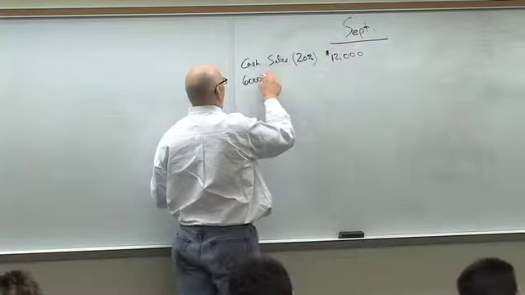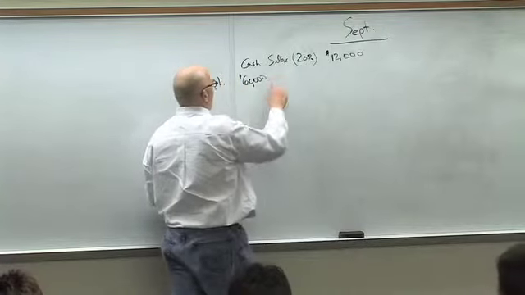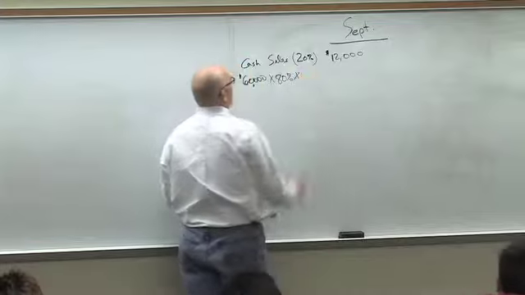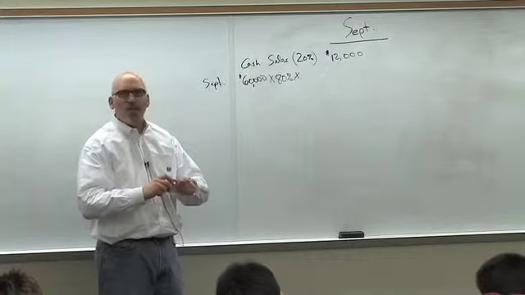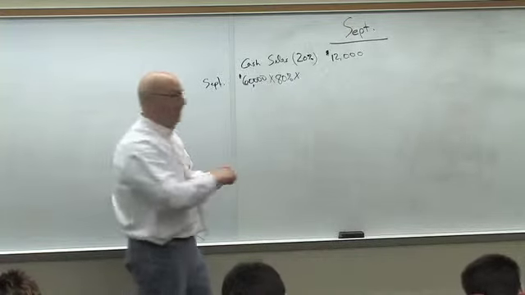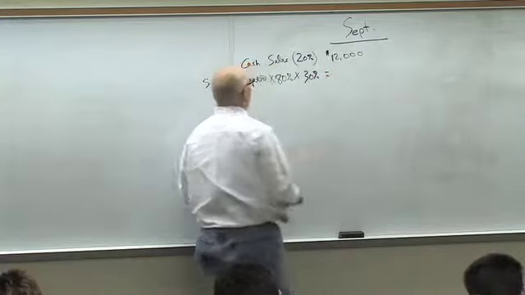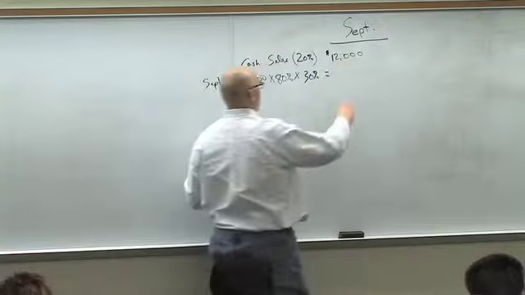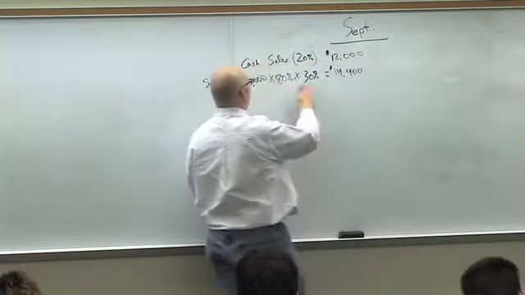Here's the whole math. $60,000 of September sales, 80% is on account, and how much of sales on account do we collect in the month of sale? 30%. That's the math: $14,400. Everybody follow that?